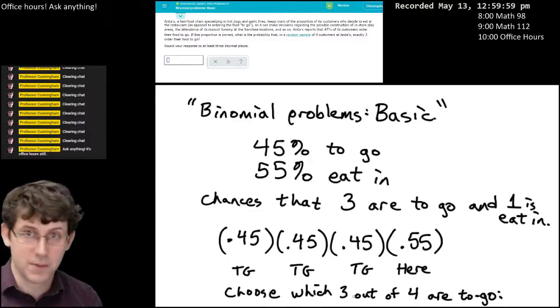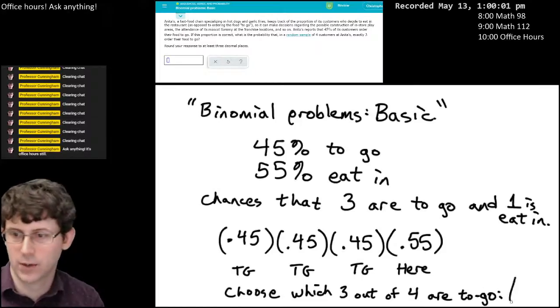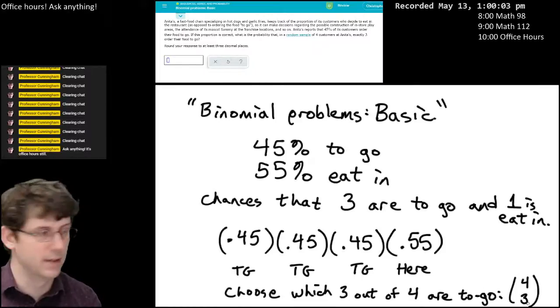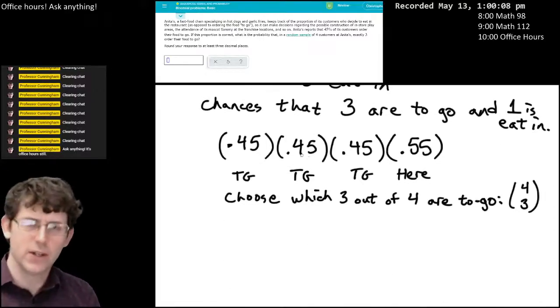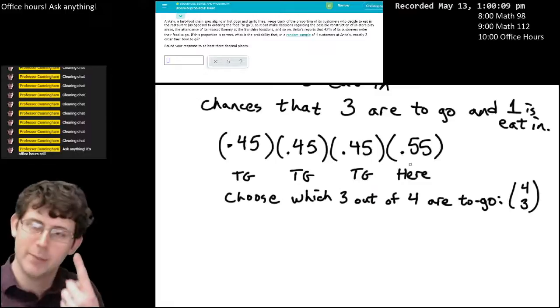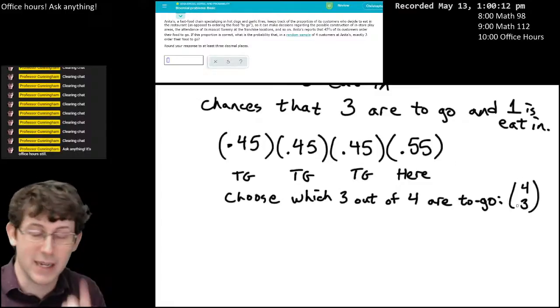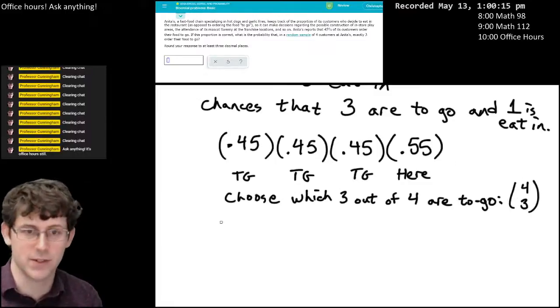If you're choosing 3 from 4 total, then it's 4 choose 3. So there's to go, to go, to go, eat in here. That's 1. But in total, there's actually 4 ways you could possibly order this, because 4 choose 3 is 4.